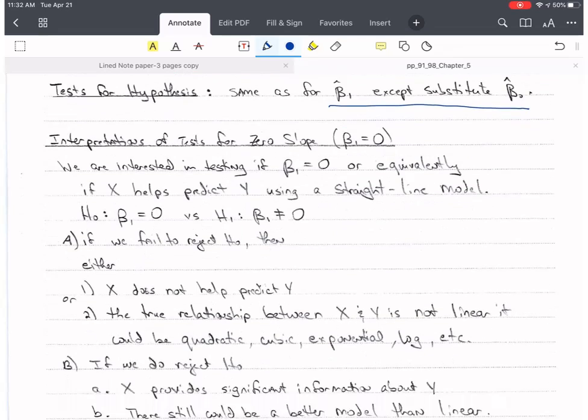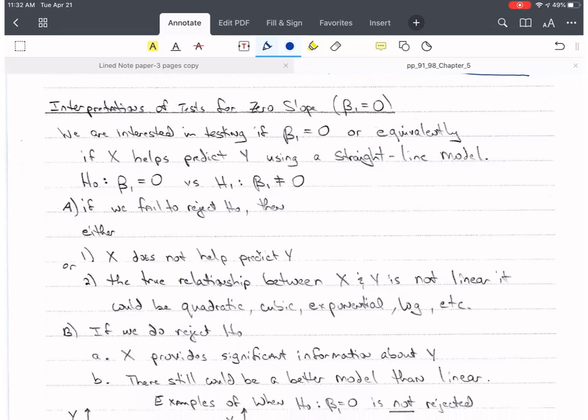So let's talk about the interpretations of a test for zero slope. In other words, beta 1 is equal to 0. So we're always interested in testing if beta 1 is equal to 0, because if beta 1 is equal to 0, then it's saying that x will not help predict y using the straight line model.